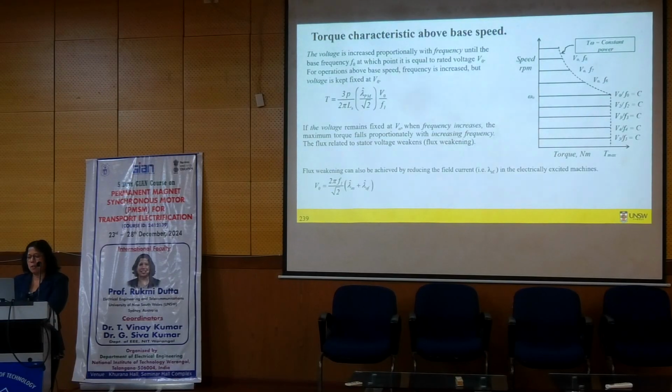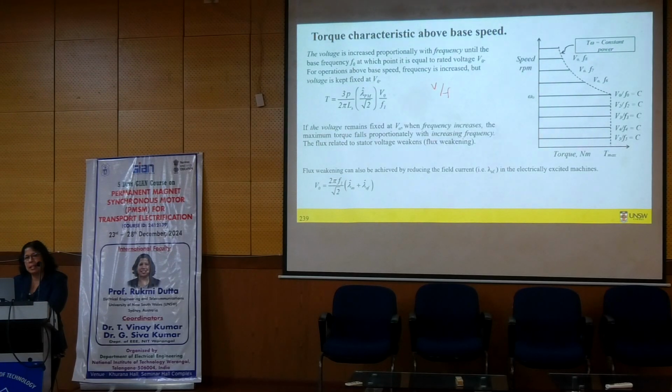This V by F control can also give us field weakening easily. Remember you are increasing your voltage with your frequency because of the V by F control, right? But you cannot keep increasing your voltage infinitely.